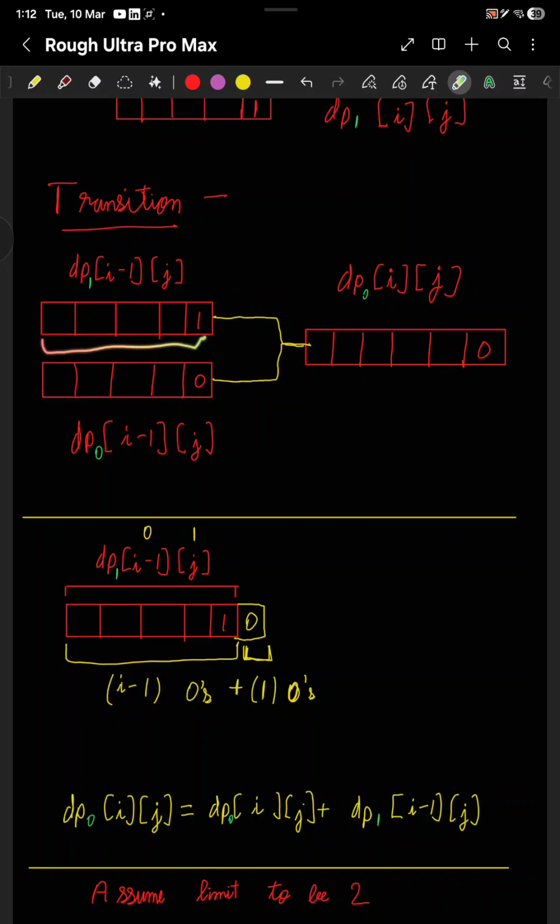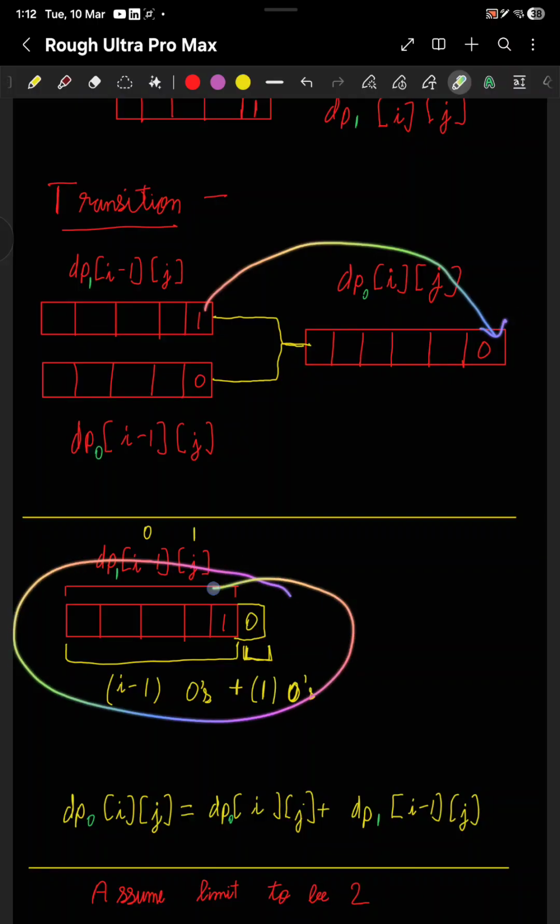These all are valid. So if we simply append 0 to it, that would give us our answer, right? Because if this subarray is valid, then we simply append 0 to it, and this would be valid also.